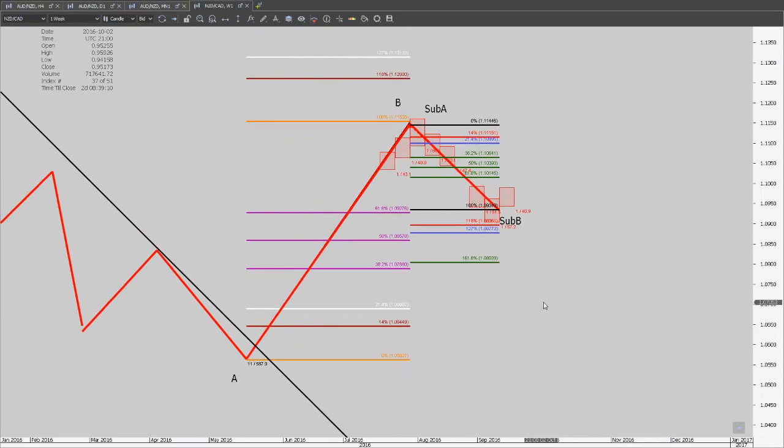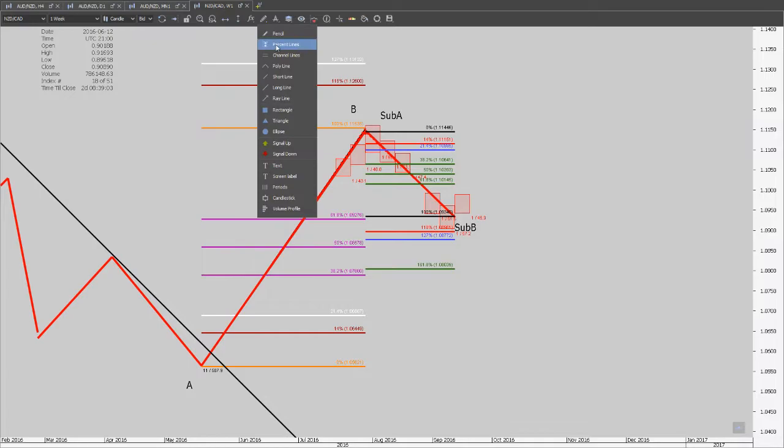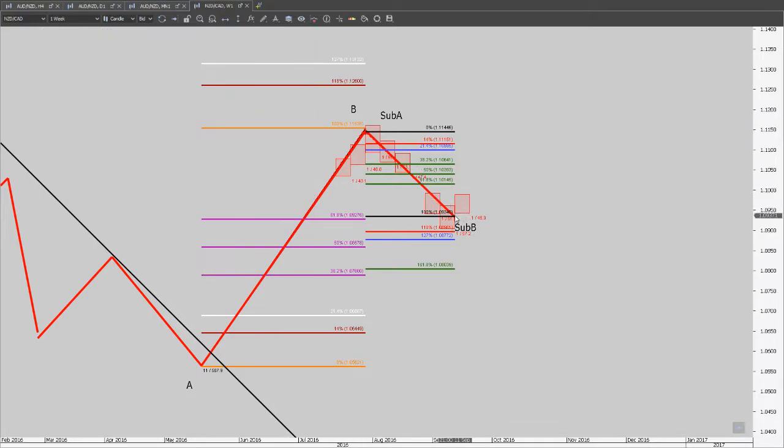So this is just an example, right? Now, sometimes what happens? Sometimes the market is going to retrace. Now stay with me. It is going to retrace inside the sub A and sub B boundary and start to fall.